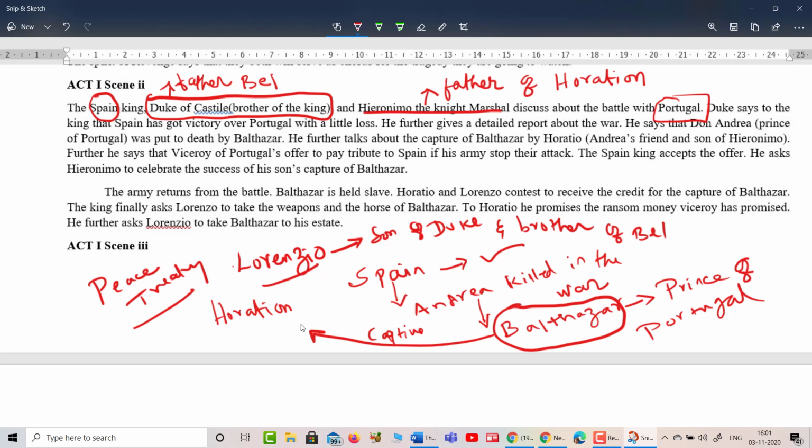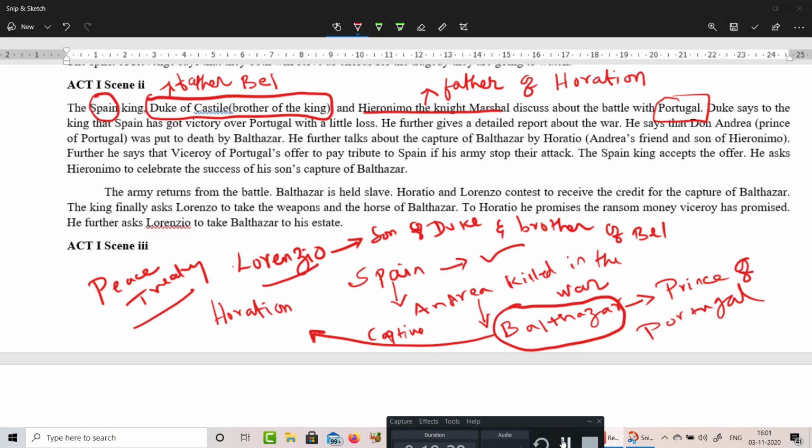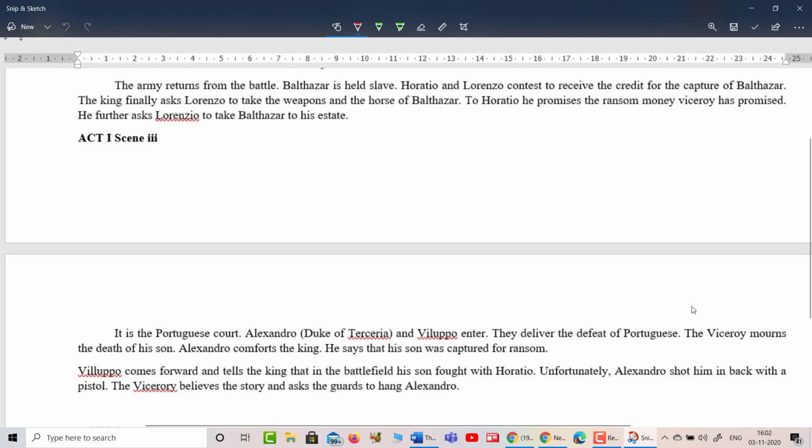Lorenzo is given the horse and the weapon, and Horatio is given the ransom money which the Portugal viceroy is ready to give for Balthazar. Okay, there the act 1 scene 2 comes to an end. And now coming to act 1 scene 3. In scene 3 it opens in the court of Portugal.